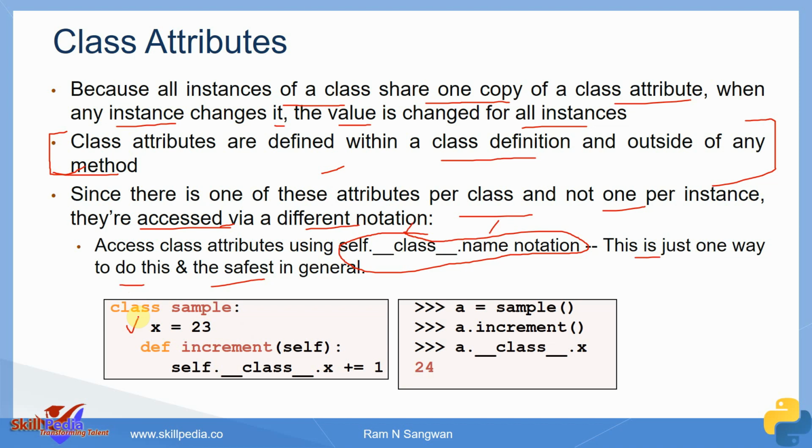Like x is 23 outside this method, so this x is a class variable, or class attribute, or static attribute. Then we want to fetch the value of this class variable x. So this is how I use it: a.__class__.x. This is the notation to fetch these static attributes individually.